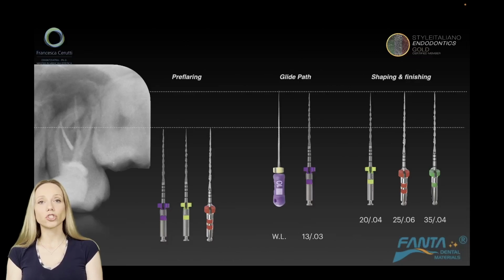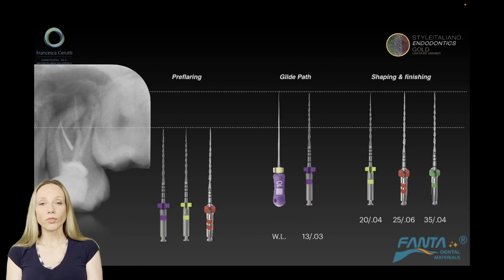Why? Because I want to remove all of the coronal interferences that do not allow my files to go smoothly to the working length. And also I want to be as conservative as possible, so I do not force my files into the tooth. I just pre-flare up to 25.06 in taper with the Essential kit.